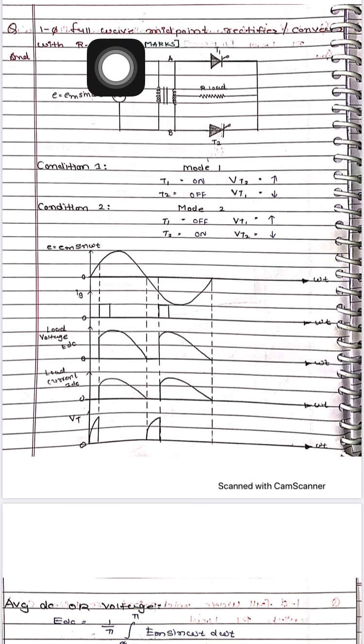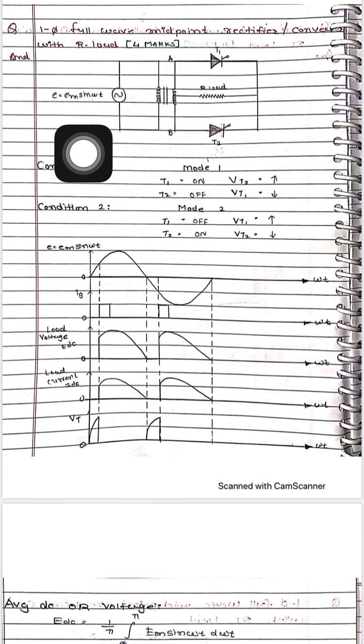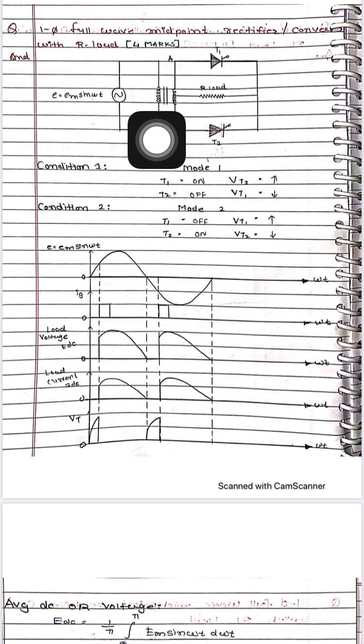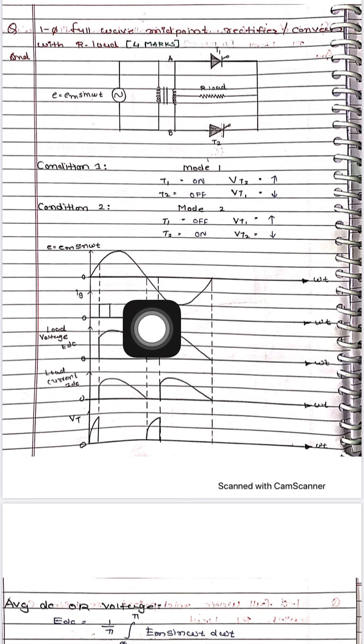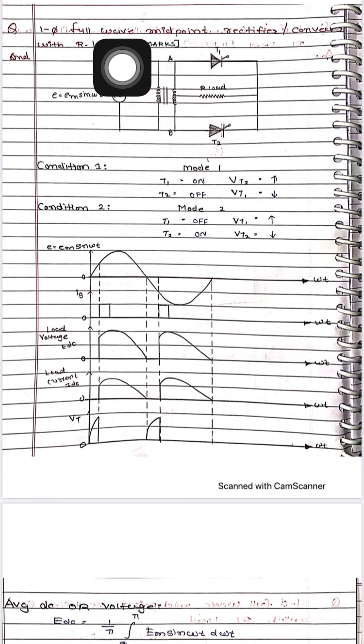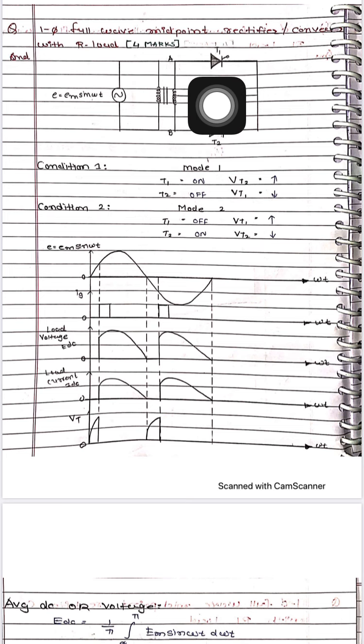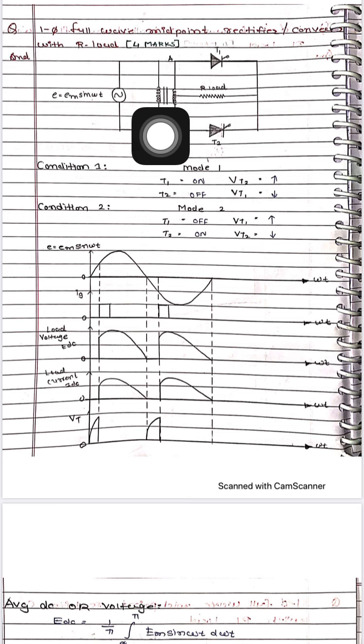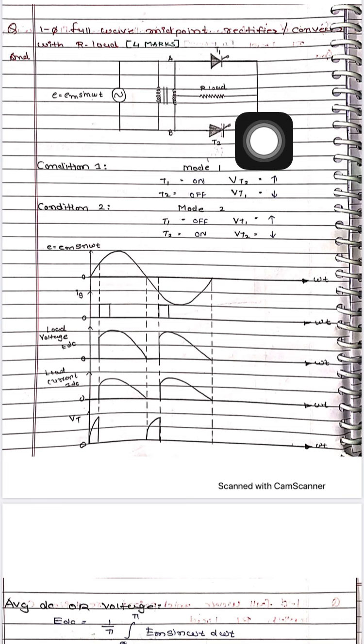Now in one half cycle, the current flows from the source to point A through T1 in mode 1, and in the other half cycle, the current flows from the minus terminal to point B. So when current flows from 0 to A, T1 tries to conduct. When current during a half cycle flows from the minus terminal to point B, thyristor T2 comes into the picture.